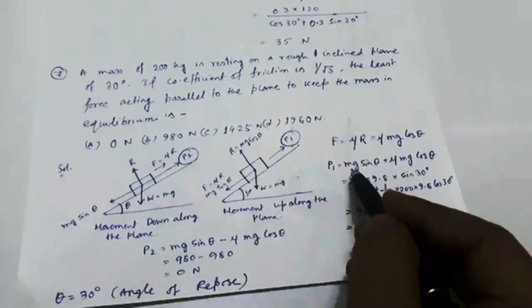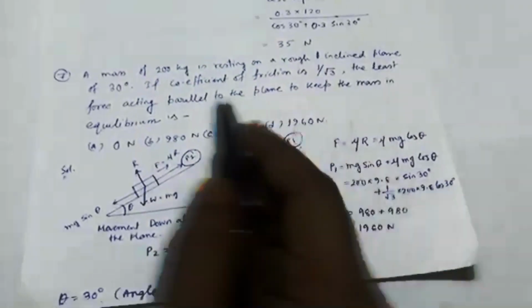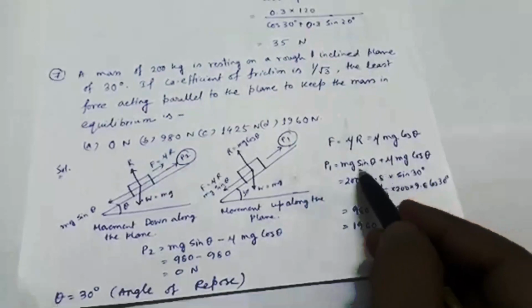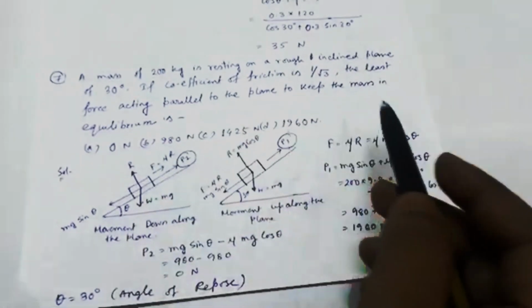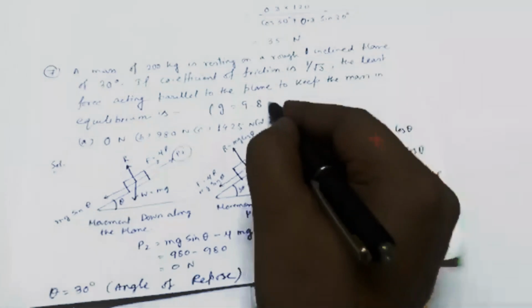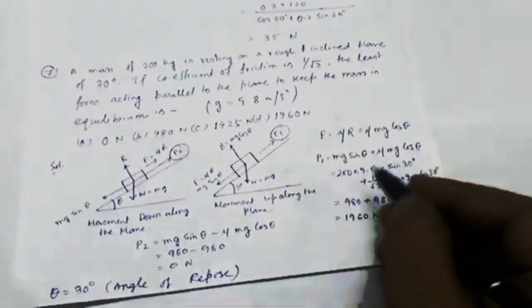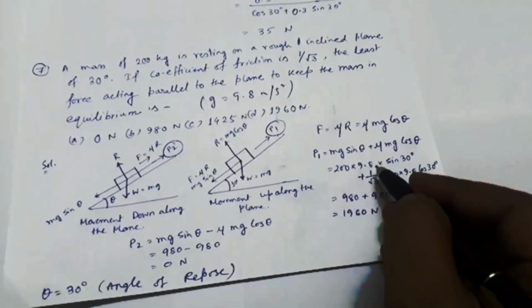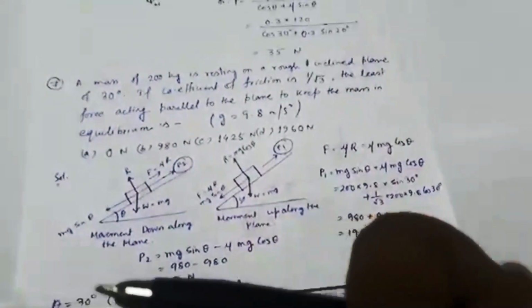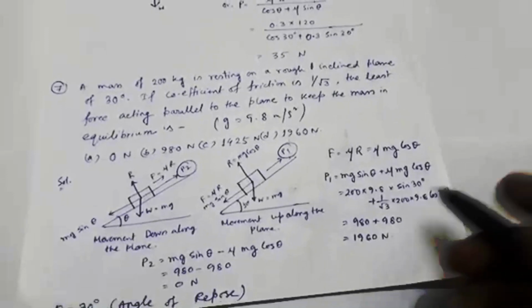What is the value of m? That is 200 kg. g is given as 9.8 meter per second square. If g is not given, then you can put the value 9.8 meter per second square.